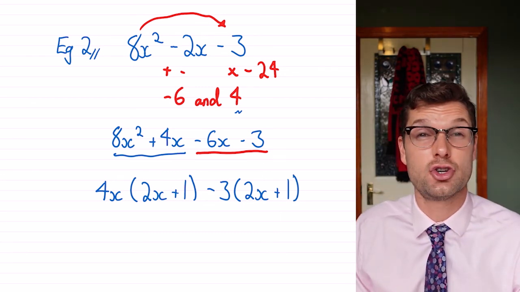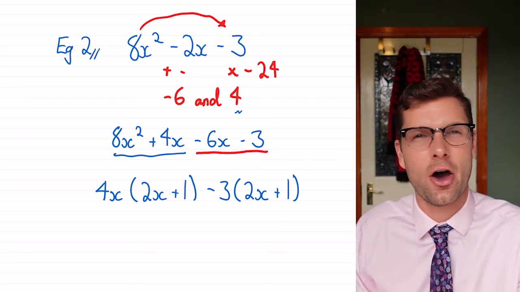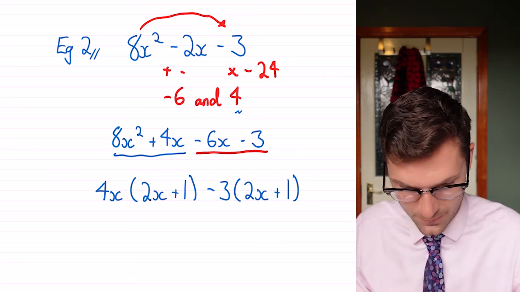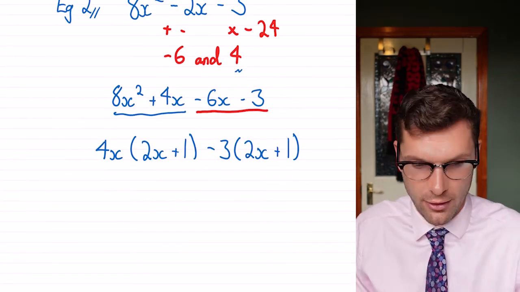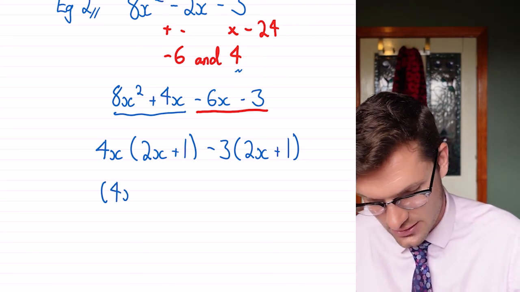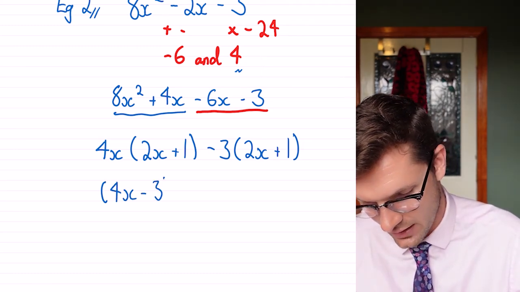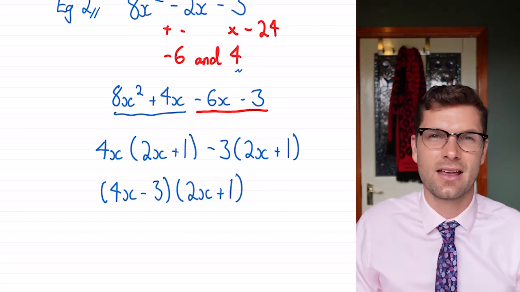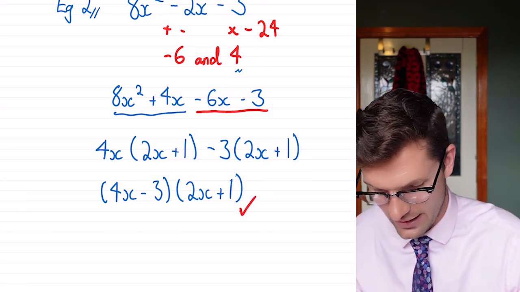Remember that our brackets should always be the same. So if they're not, you might have made a mistake taking out one of the negatives in the second term. We just have to write the leftovers together in their own brackets, 4x minus 3, and then our 2x plus 1 again. So that there is our final answer.